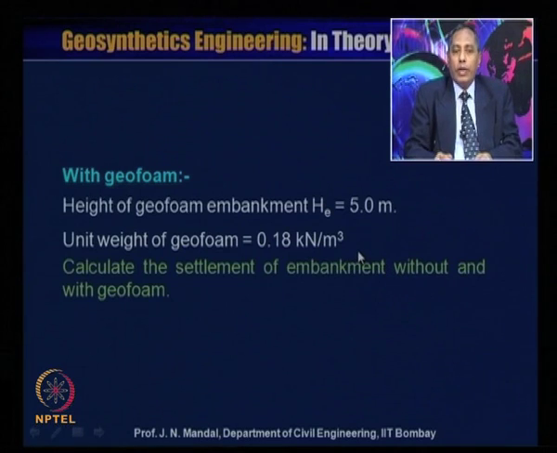Here you can see that unit weight of geofoam is 100 times less than the unit weight of the soil. So, we have to calculate the settlement of the embankment without and with geofoam. So, we will observe what will be the settlement when there is no geofoam and what will be the settlement when there is a geofoam.